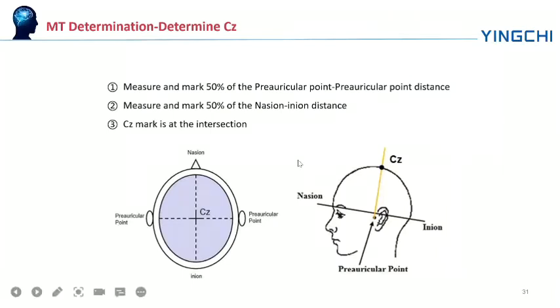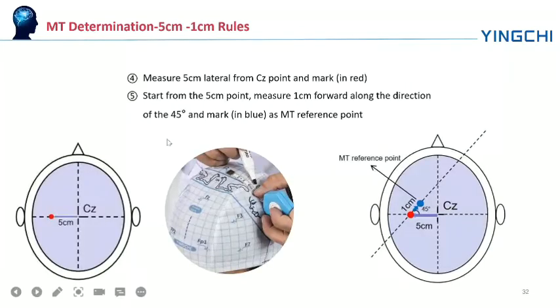First, we need to find the Xili mark, which lies at the intersection of the lines between the preauricular points and the nasion-inion point. Then measure 5 centimeters lateral from the CZ point, marked in red, and starting from the 5 cm point, measure 1 centimeter forward along the direction of 45 degrees, marked in blue, as the reference point.